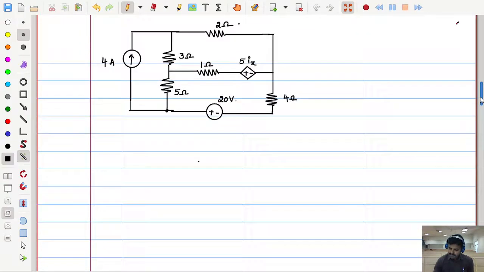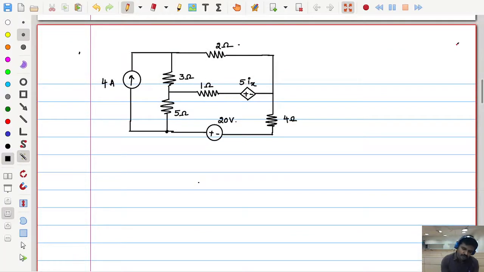Okay. Now let us take one more interesting problem, which is a conventional kind of problem. Here, let me take somewhere this Ix. Let me choose it like this.